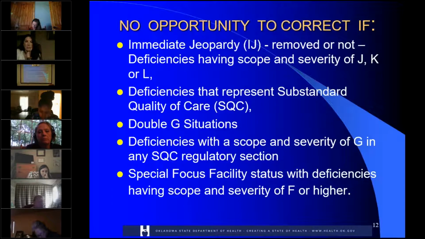But special focus facilities with deficiencies of F or higher. While a lot of the facilities may get penalized at harm, which would be a G and above, or an F that's in a substandard quality of care grouping, any F in special focus facilities could warrant penalties.